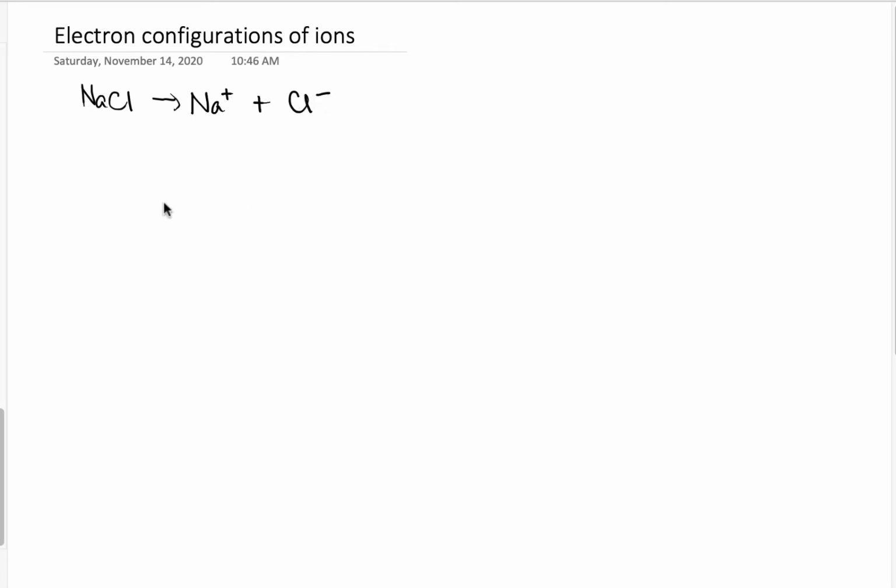So if we look at the electron configuration for neutral sodium, if we pull out our periodic table, you should find that the sodium electron configuration for the neutral atom is neon 3s1, and for chlorine, the neutral atom is neon 3s2, 3p5.